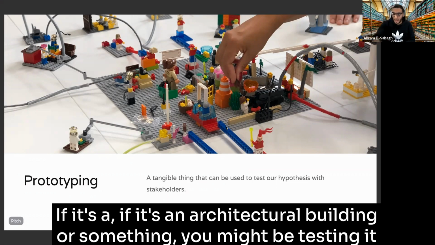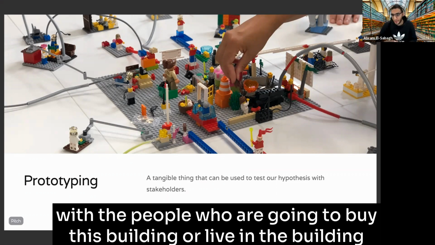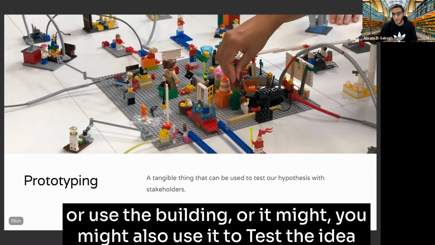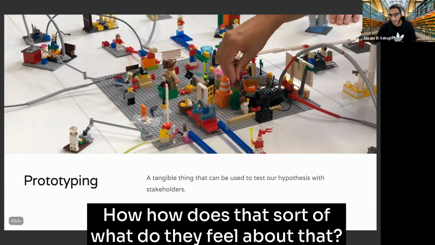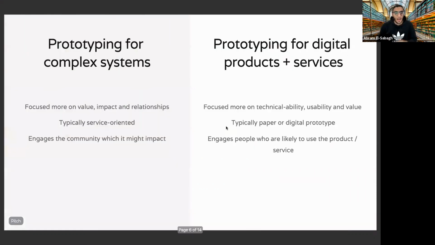If it's an architectural building or something, you might be testing it with the people who are going to buy this building or live in the building or use the building. Or you might also use it to test the idea with the community and present this is how we view it to work. How do they feel about that?